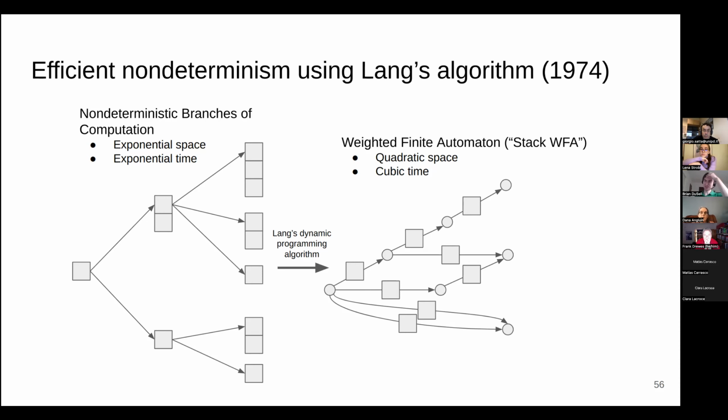You might be interested to learn that for PDAs, at any time step, the set of all possible stacks is always a regular language, even if there's an infinite number. And Lang's algorithm just gives us an explicit construction for its NFA. If you're familiar with GLR or Tomita parsing for CFGs, this is a lot like the packed shared parse forest.